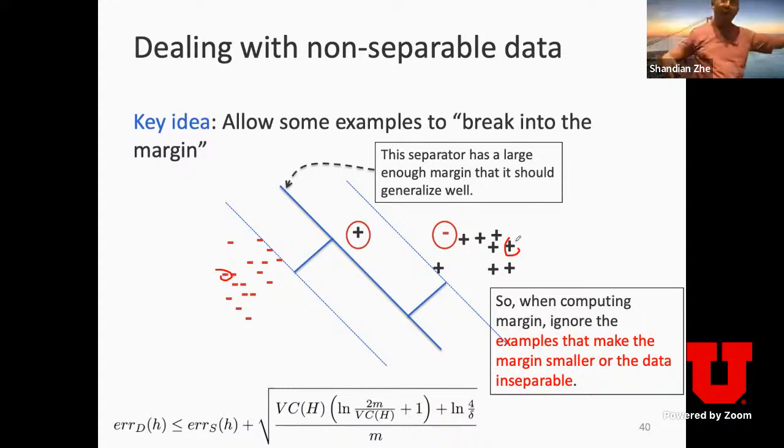Then I find the linear classifier, of course, my margin will be the largest. But the cost is that I'm going to throw out all the other data points and allow all of the remaining points to break into the margin, and I can misclassify them. Will that lead to a good linear classifier? Why?